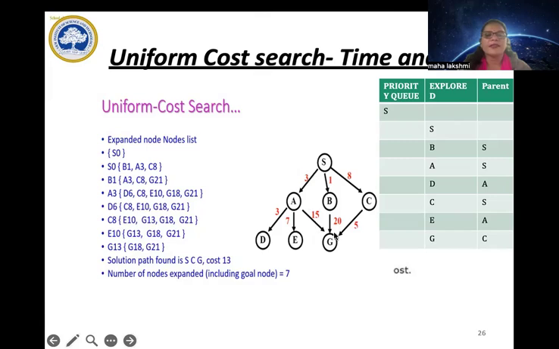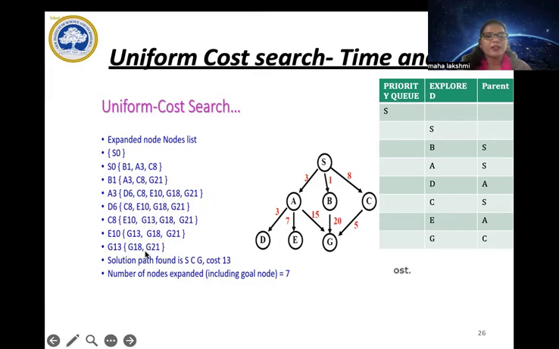For G, it is 18. Already C8 and G21 will be added here. Among all these five nodes, you just arrange them in ascending order from least path cost to highest. After that, you can find D6 will be the lowest path cost, and that should be expanded. Similarly, all the nodes will be expanded by path cost.